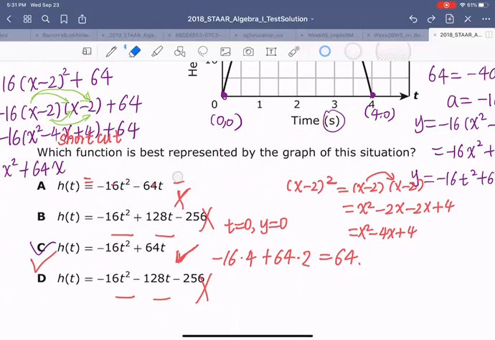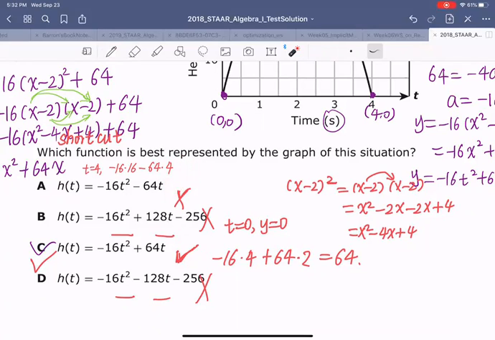When t equals 4, this guy is negative 16 times 4 squared, which is what? 16 minus 64 times 4, right? Is this equal to 0? No way, right? It's a very big negative number. So A is wrong, right?